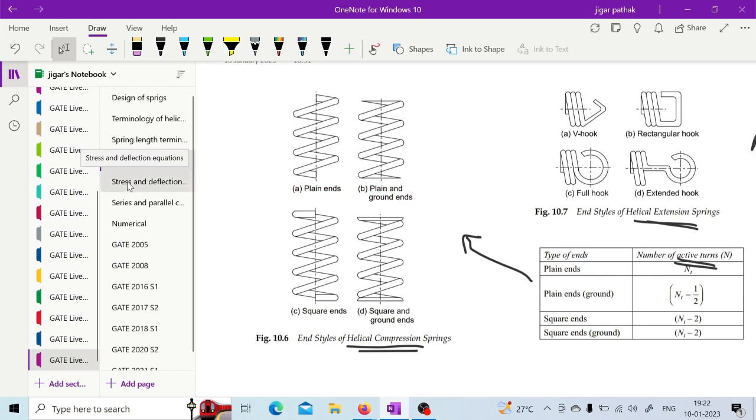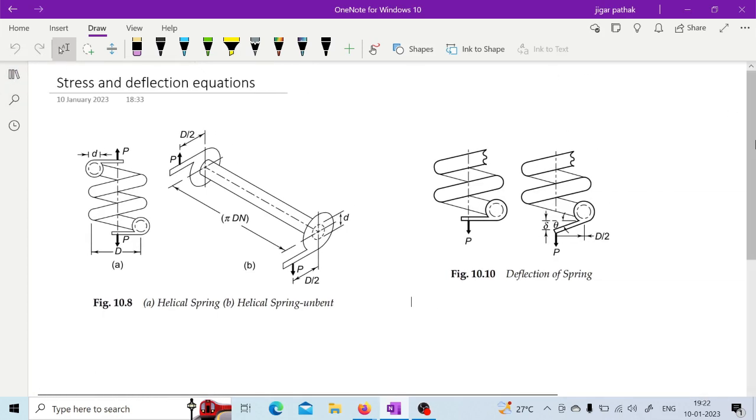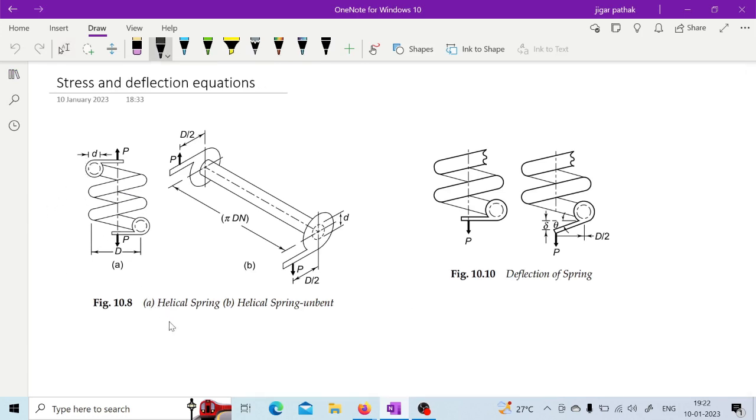Now if we go for the stress and deflection in case of this helical spring, as it is mentioned in this particular case, figure A shows this helical spring and figure B shows that unbent helical spring as it is mentioned here, right? So now if you look at the force applied here, this force P is applied at a distance of d by 2.